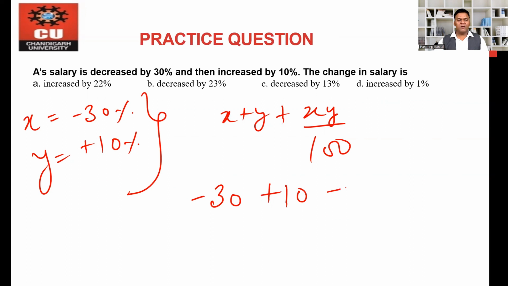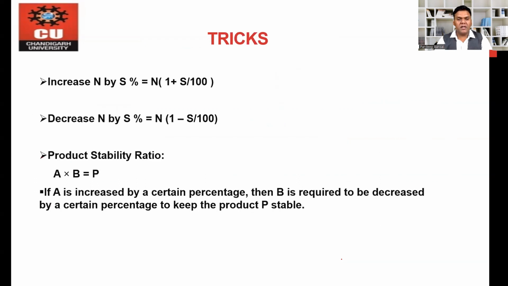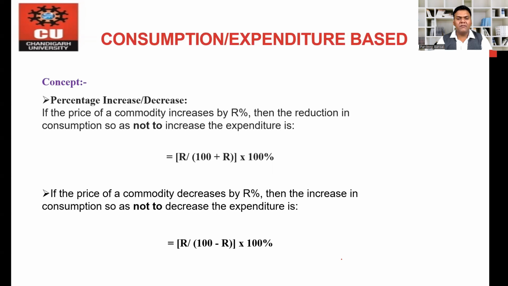If you multiply both of them, you get minus 300 by 100, which is 3. So minus 30 minus 3 makes it minus 33, plus 10. What does it stand for? Minus 23. This minus indicates overall there is a decrease. So what is my answer as per the options? B, minus 23%. Similarly, you can calculate the percentage decrease or increase of the value.